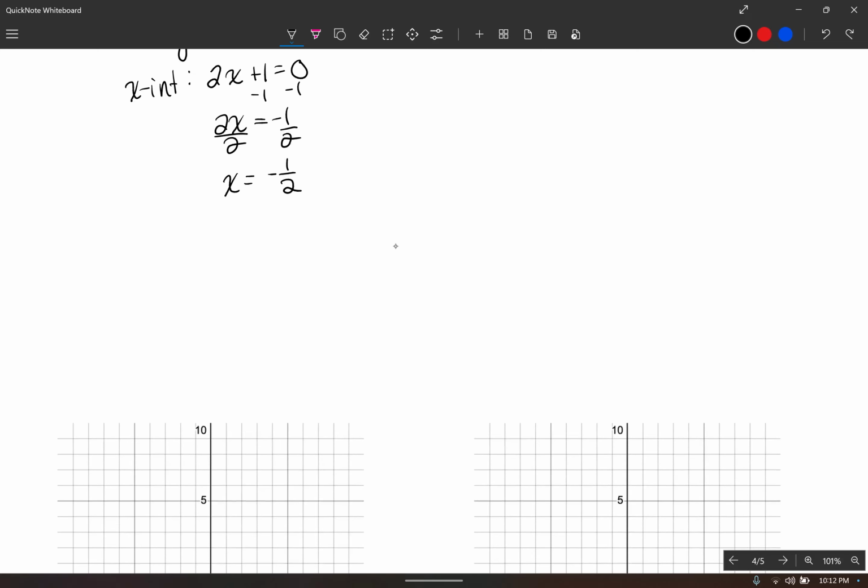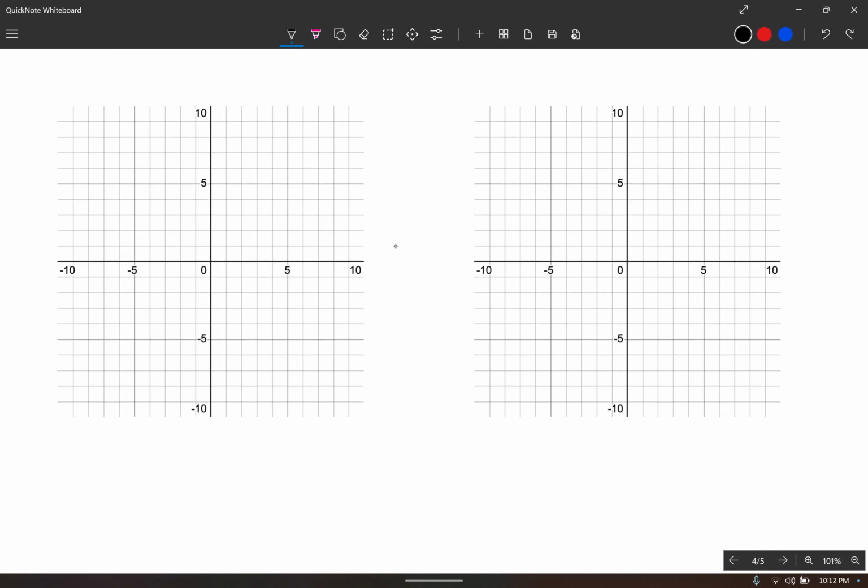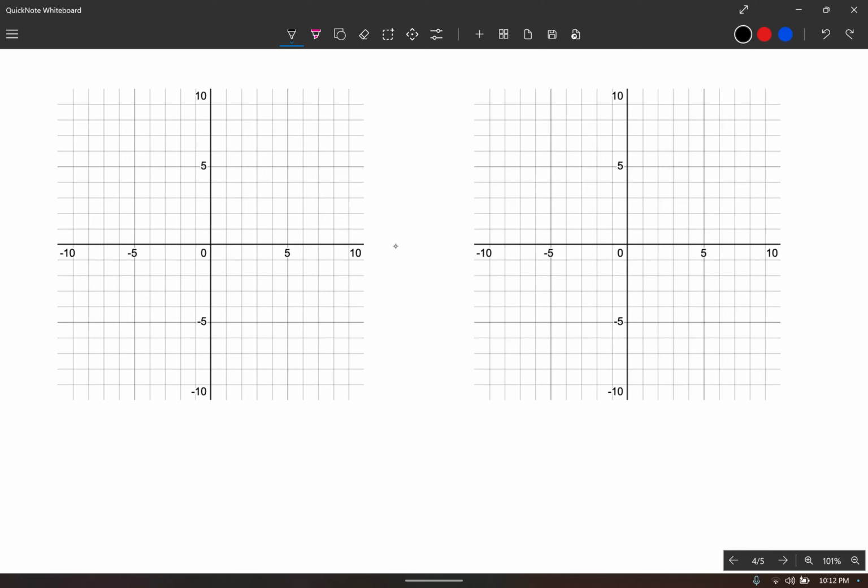So before we get a table of values, we're going to go ahead and plot this stuff on our graph. So I have a vertical asymptote at 4/3, which is 1.3. All right. So that's about right here, roughly. Okay, it's not going to be perfect, but it should be close.